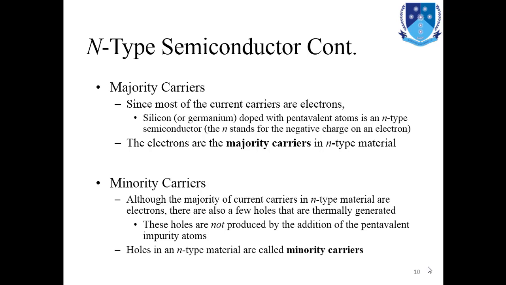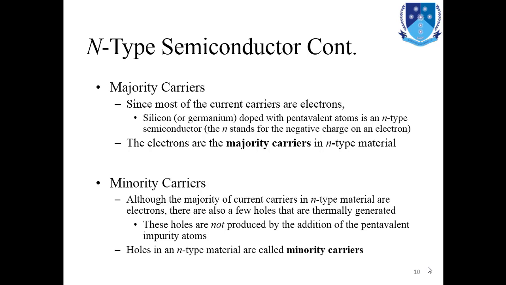The majority charge carriers in n-type semiconductors are electrons, because most of the current carriers are electrons. So silicon or germanium doped with pentavalent atoms is an n-type semiconductor. Here the N of n-type semiconductor stands for the negative charge on an electron, meaning that n-type represents the negative charge particle.